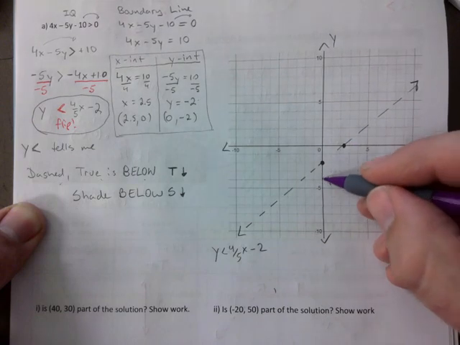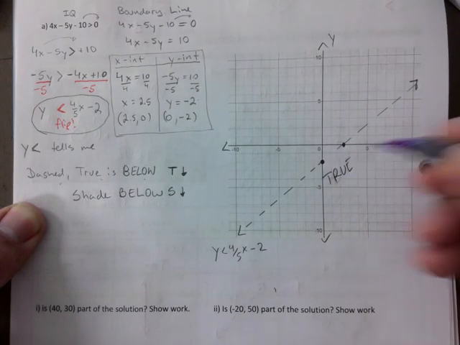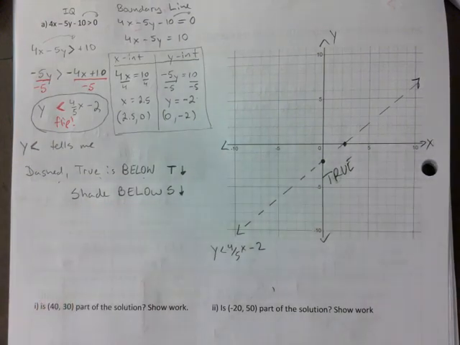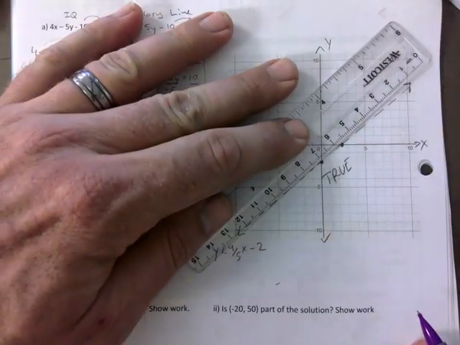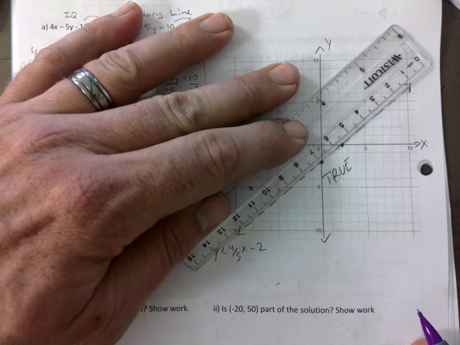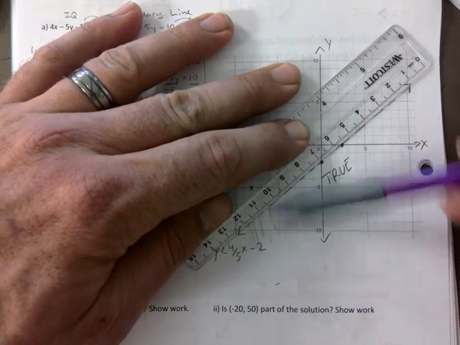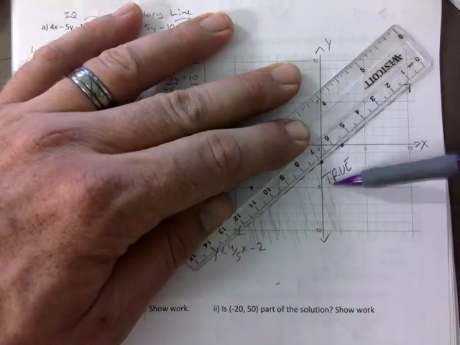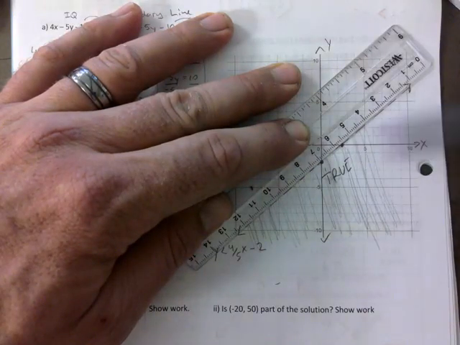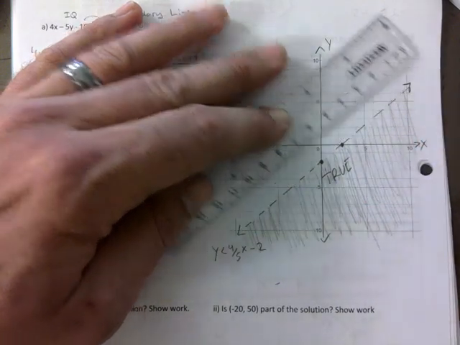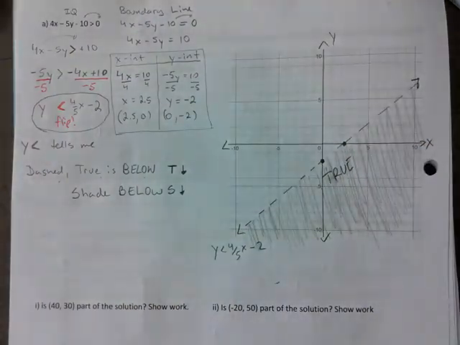So this is the line. Everything underneath it is true. And therefore, we're also going to shade because we're using regular shading right now. All right, so there you go. That's your first inequality.